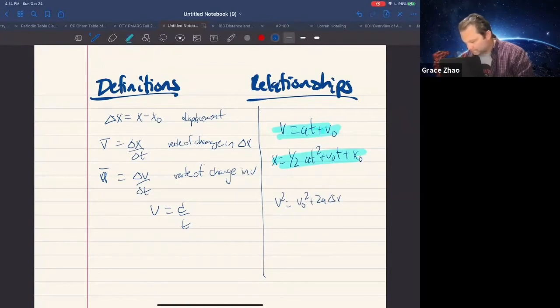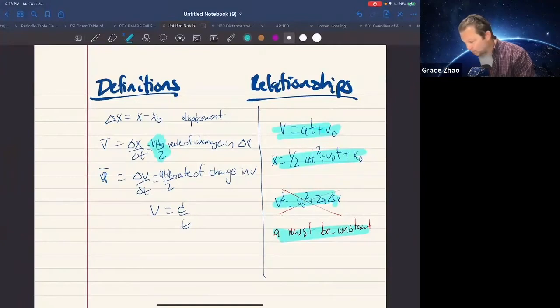This one, but we don't ever really need to use it. Those require acceleration to be constant. For those highlighted in blue, see that there. So what I've highlighted in blue is these three formulas require the acceleration to be constant to use them, and also this one here.